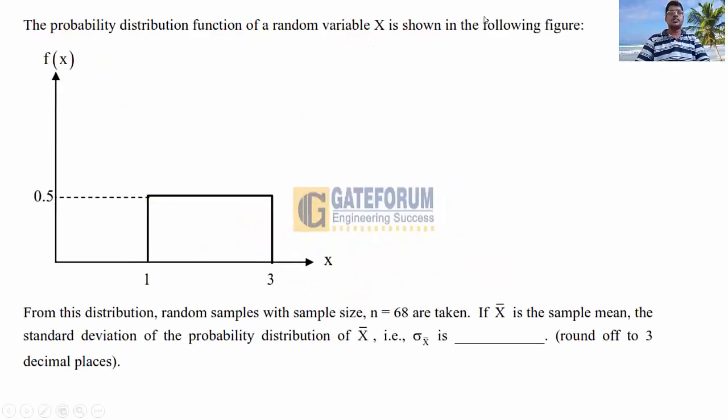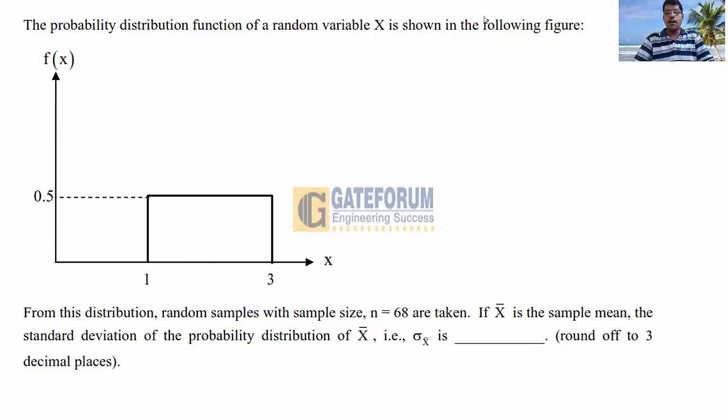The question is, the probability distribution function of a random variable x is shown in the following figure. On the x-axis 1, 2, 3, whose corresponding f of x value is 0.5, and beyond that, before 1 and after 3, the graph lies on the x-axis, that is function value 0. From this distribution, random samples with a sample size n equal to 68 are taken.